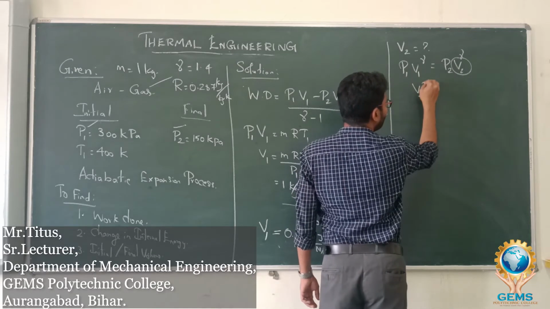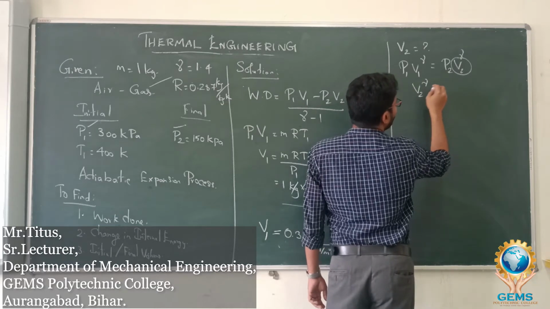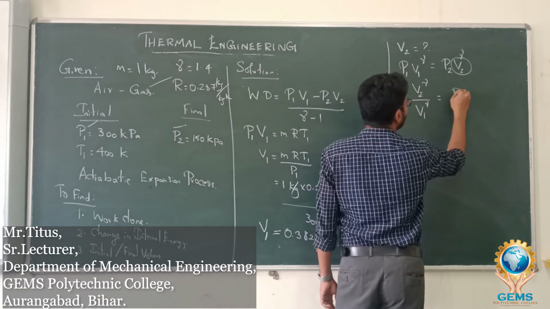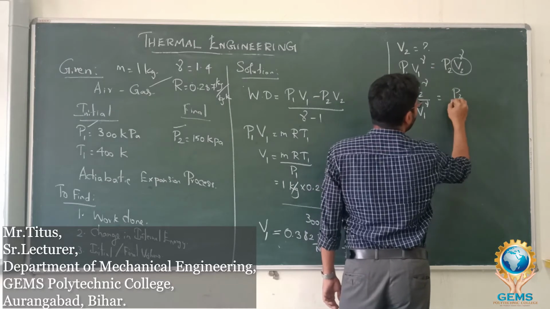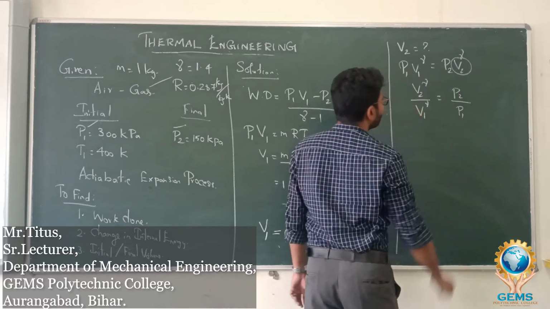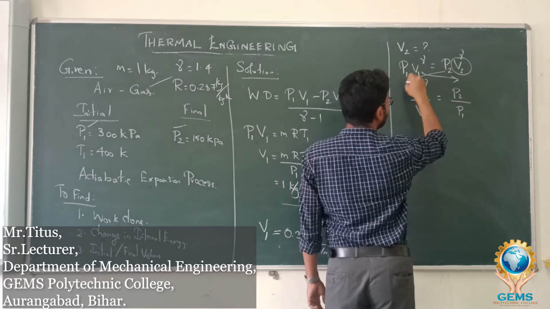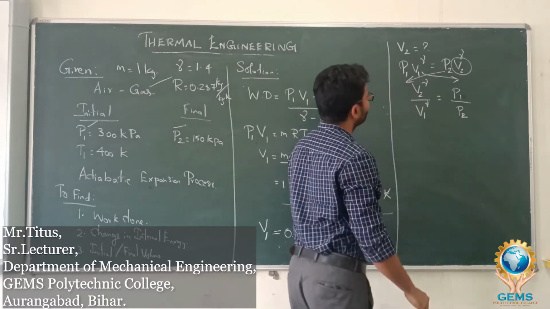So V2 to the power gamma divided by V1 to the power gamma equals P1 divided by P2.